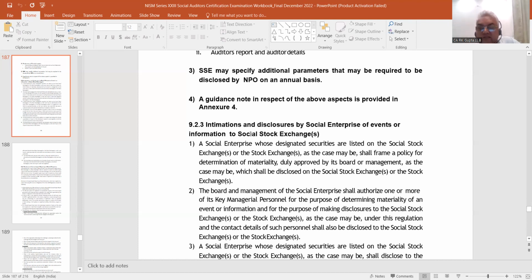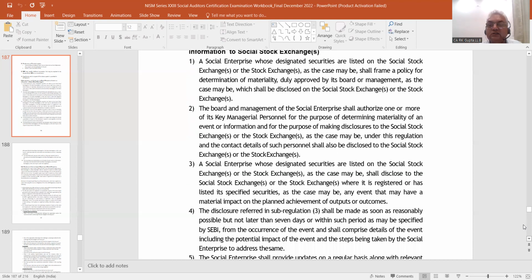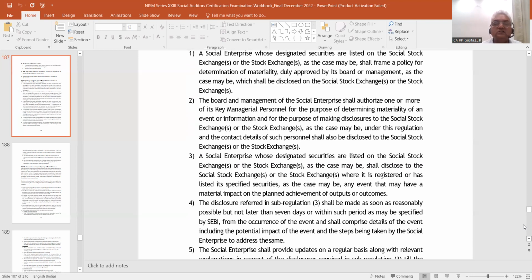Then a social enterprise whose designated securities are listed on the social stock exchange or exchanges, as the case may be, shall disclose to the social stock exchange where it is registered or has listed its specified securities, any event that may have a material impact on the planned achievement of output or outcomes. The disclosure referred to in sub-regulation 3 shall be made as soon as reasonably possible, but not later than 7 days or within such period as may be specified by SEBI from the occurrence of the event.